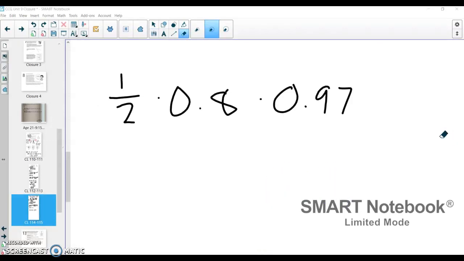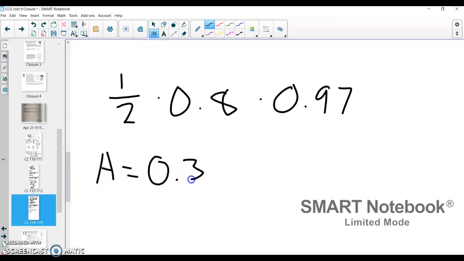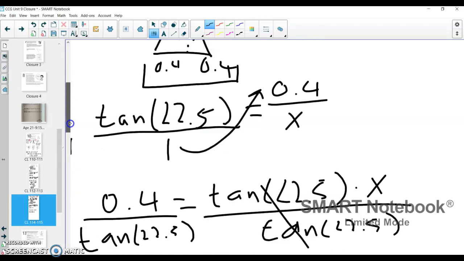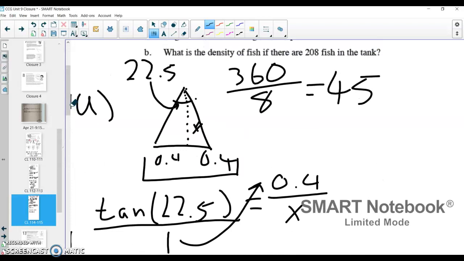If I multiply this out, I get 0.5 times 0.8 times 0.97, and that gives me an area of 0.388 meters squared, and that's the area of my triangle.